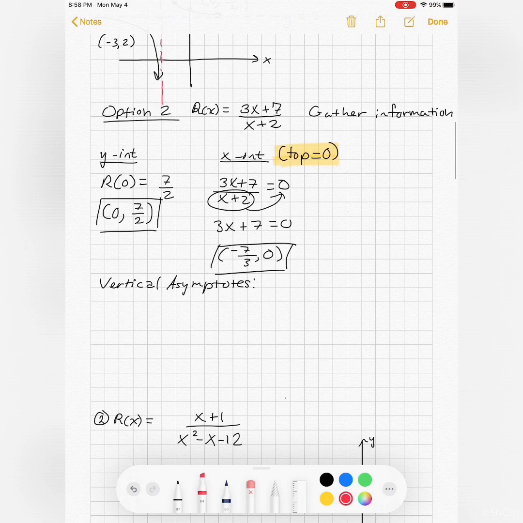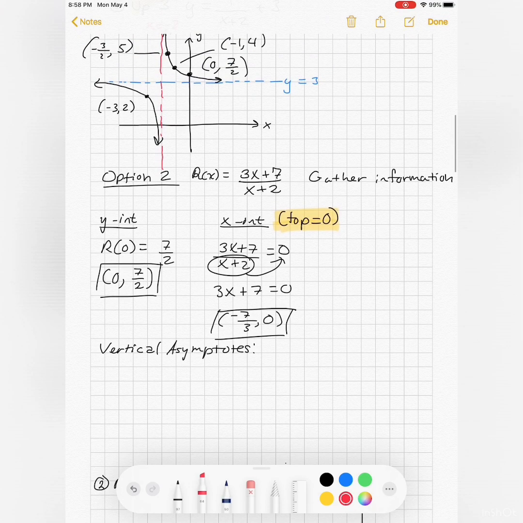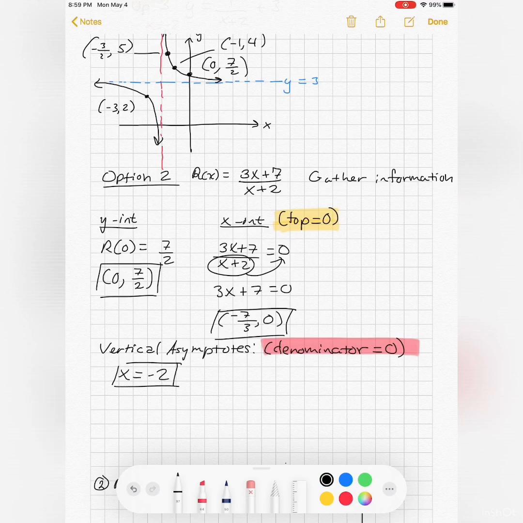So when I'm thinking about vertical asymptotes, I'm thinking about where the denominator is equal to 0, because I'm asking where the function is undefined. If I look at my function here, I can tell you immediately the vertical asymptote for this one is going to be x equals -2.